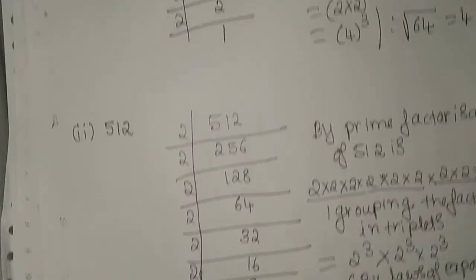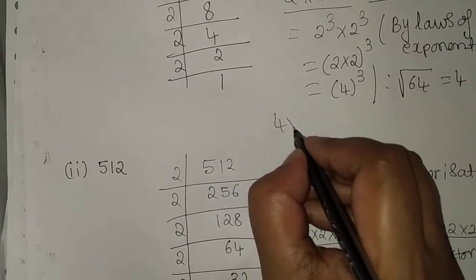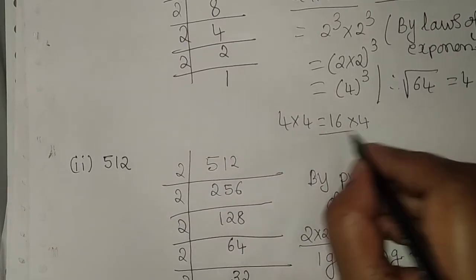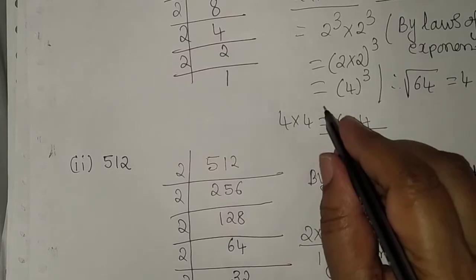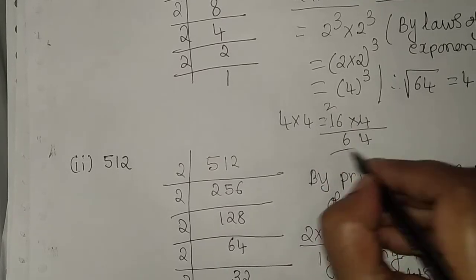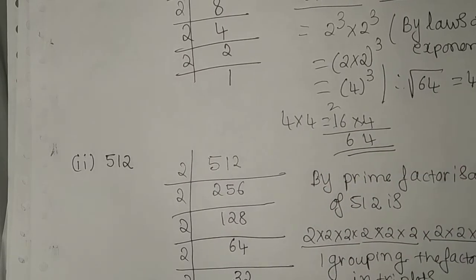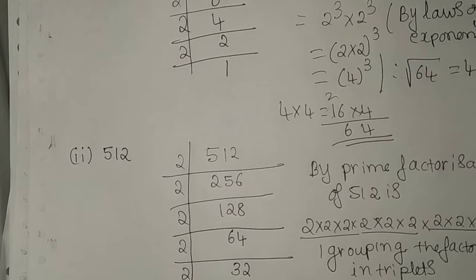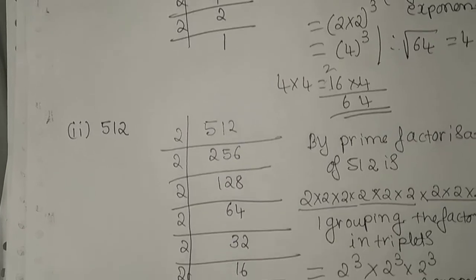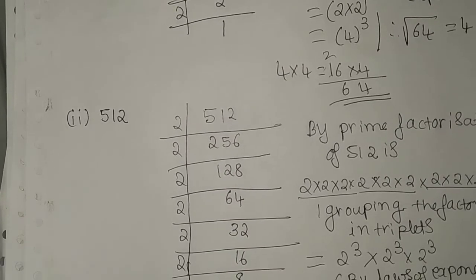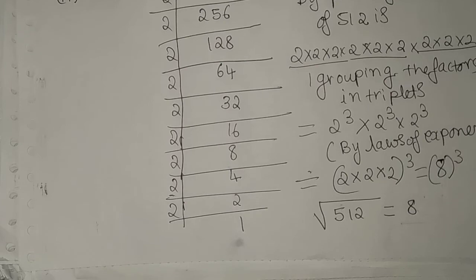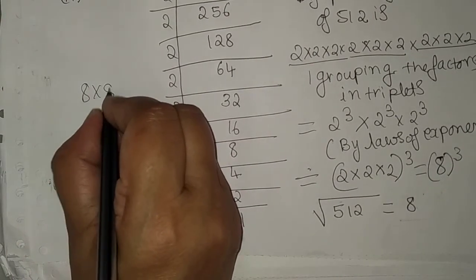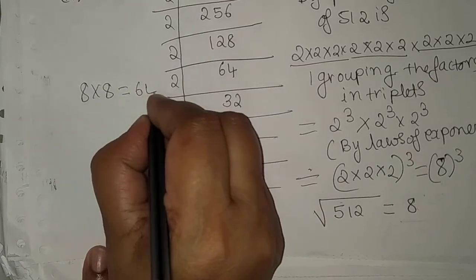In the previous problem, see here, 4 into 4 is equal to 16. So 16 into 4 will be 64. The cube root of 64 is 4. Now here we have 512. 8 into 8 is equal to 64.